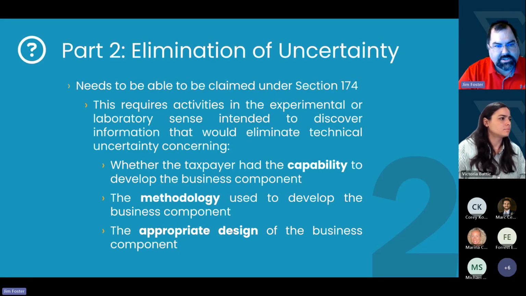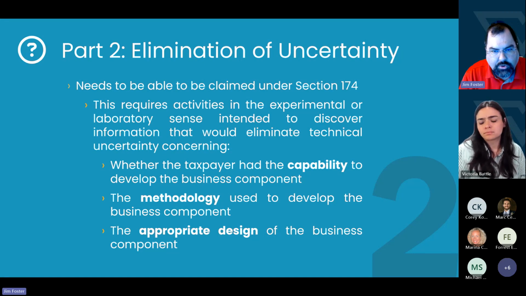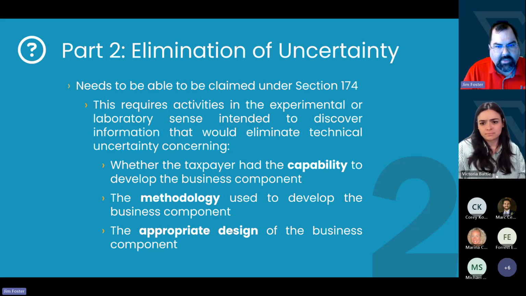Now, elimination of uncertainty. And this is going to kind of tie into the section 174 portion of this webinar as well. So 174 basically says that the activities being done with the research have to be experimental, or done in the experimental or laboratory sense, and intended to discover information that would eliminate technical uncertainty regarding capability, methodology, or appropriate design.